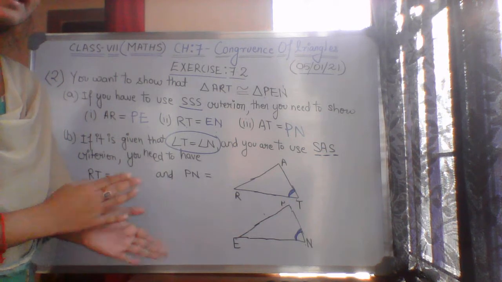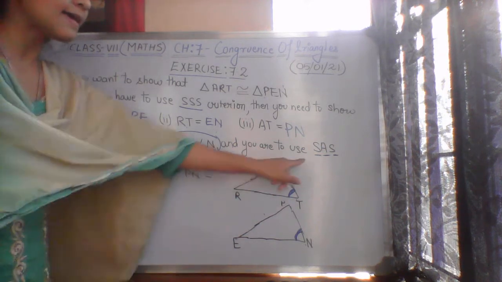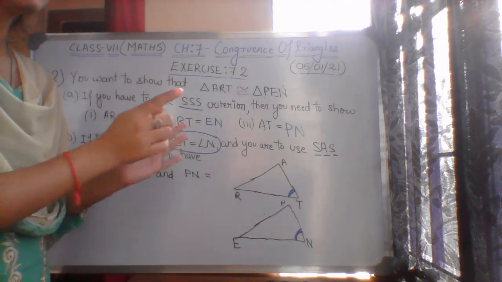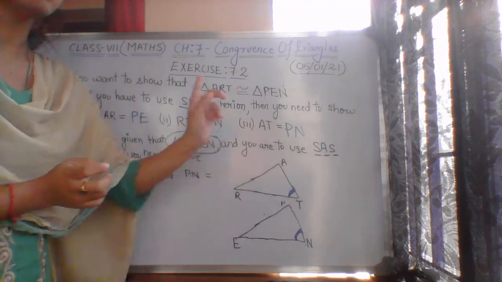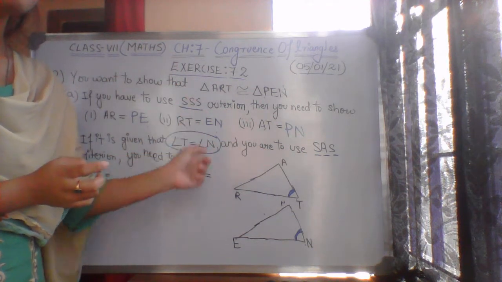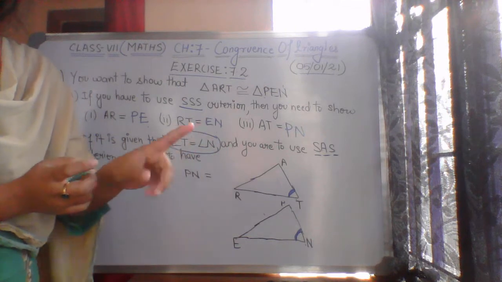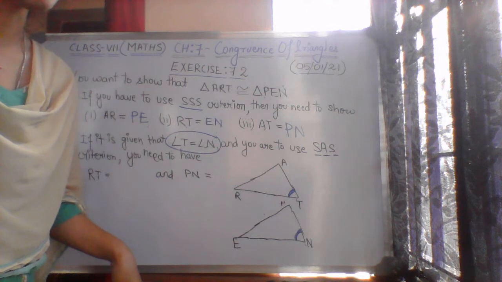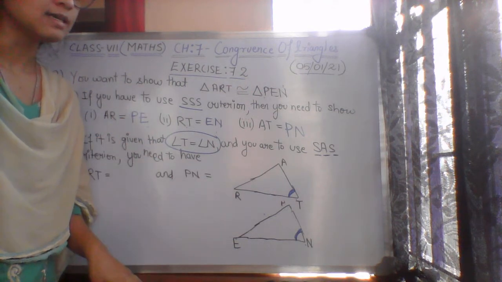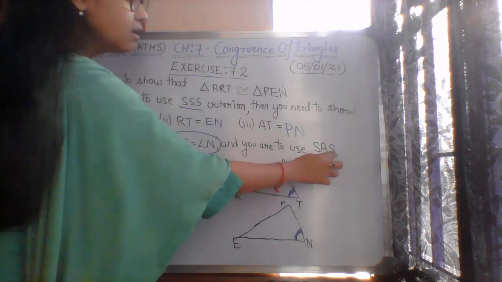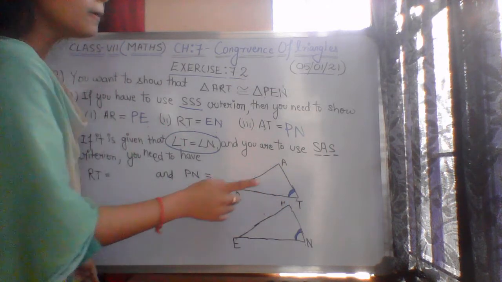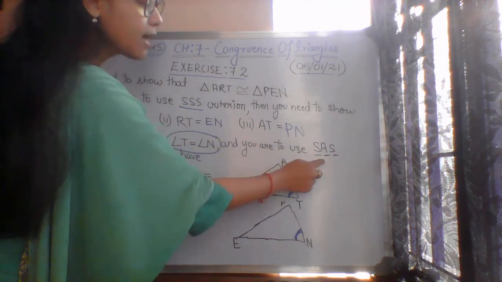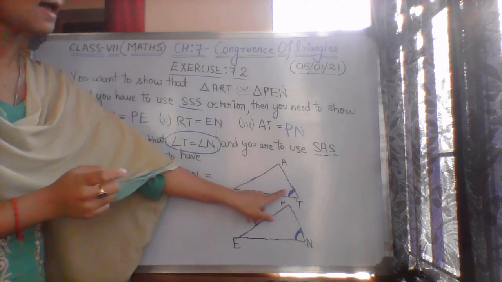So in SAS, I have to show one side equal in both the triangles, one angle with equal measure in both the triangles, and one other side equal for both. The equal angle should be between the two sides, or the two sides will be the arms of that angle.